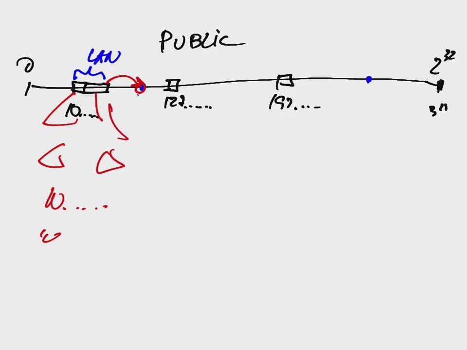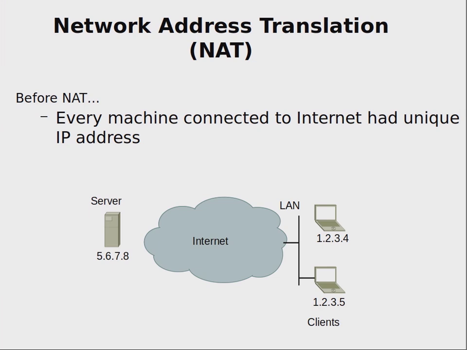But from the internet perspective, all this communication goes only through this one address, let's say 85 something. And that's what NAT devices do. So here is one of the public IP addresses, here is the cloud of the internet, and here are some clients which are actually using local area network addresses.